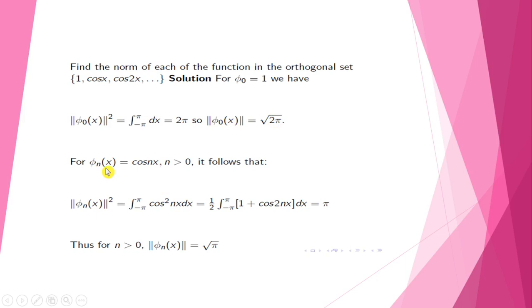For phi n of x equal to cos nx, n greater than 0, it follows that the norm phi n of x squared is equal to the definite integral from negative pi to pi of cos squared nx dx, which is equal to 1 over 2 times the integral from negative pi to pi of 1 plus cos 2nx dx, which is equal to pi. So for n greater than 0, the norm phi n of x is equal to the radical of pi.